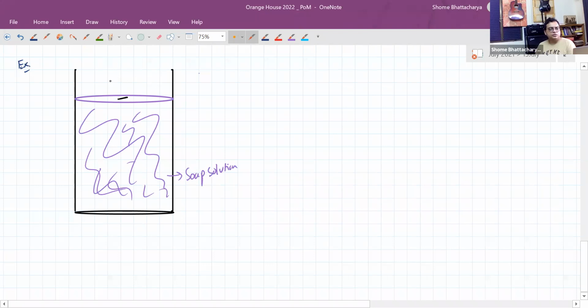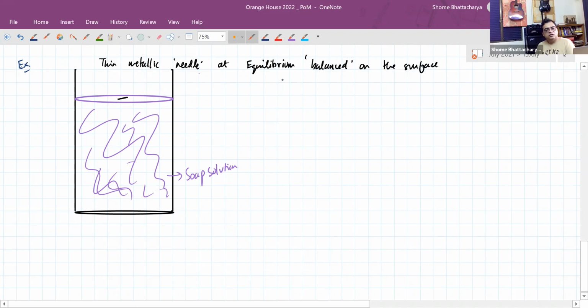So at equilibrium, balanced on the surface, okay, by the surface tension forces. That is tangential forces due to the surface tension.